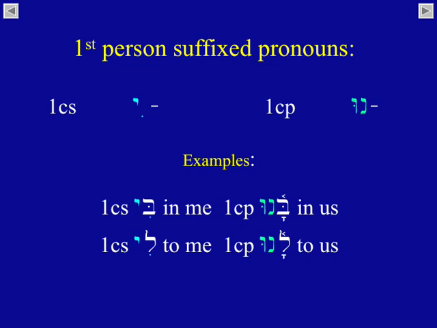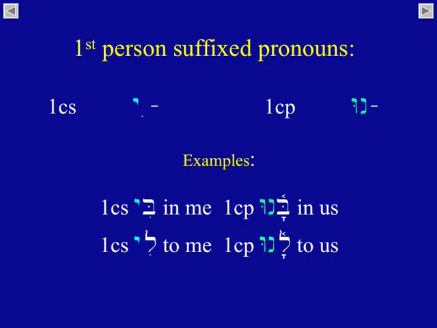The preposition beit plus the suffix e. Think of e as in ani or anochi. Be means in me. Li means to or for me. And just as the pronoun anachnu means we, banu, in us, lanu, to us or for us.